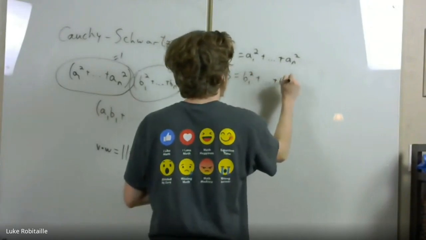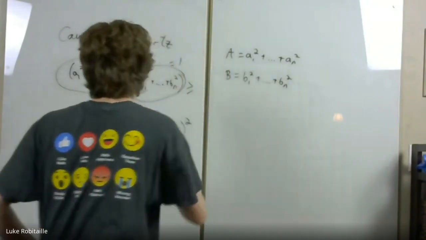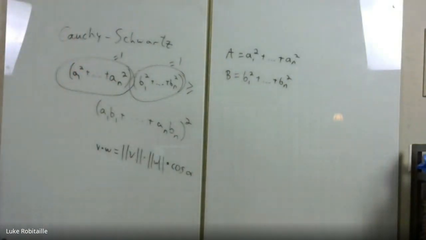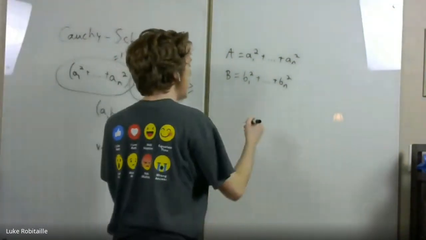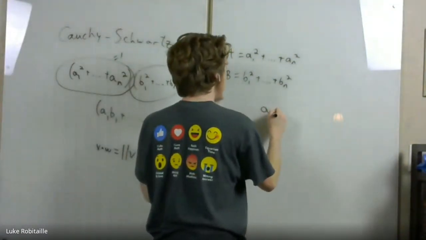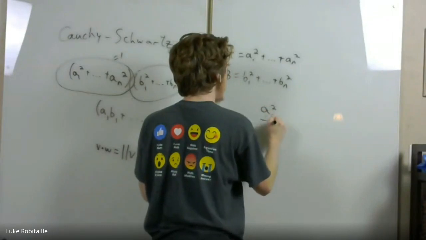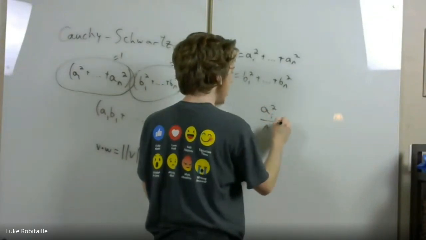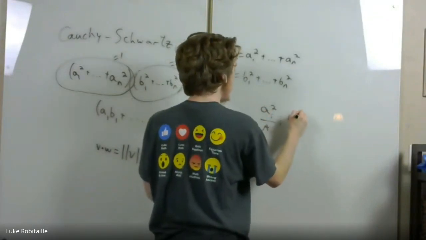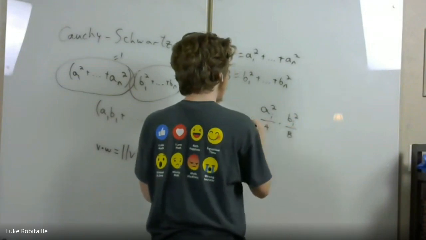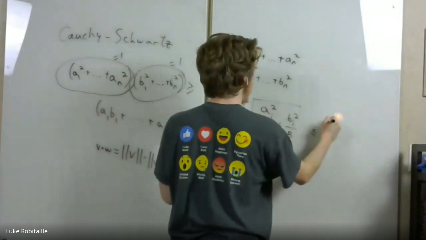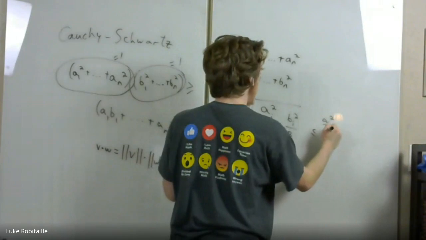The scaling is just dividing all the a_i by the square root of A and dividing all the b_i by the square root of B. So if we proceed as if we didn't do that, we would take the geometric mean of a_i squared over A and b_i squared over B as less than or equal to their arithmetic mean.